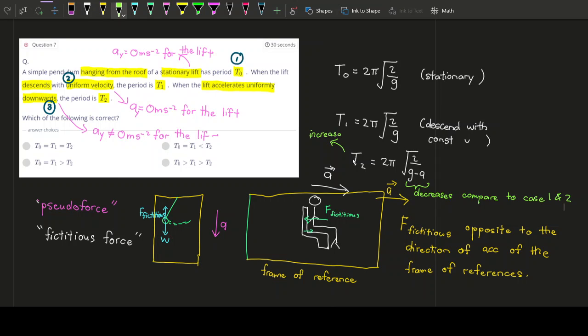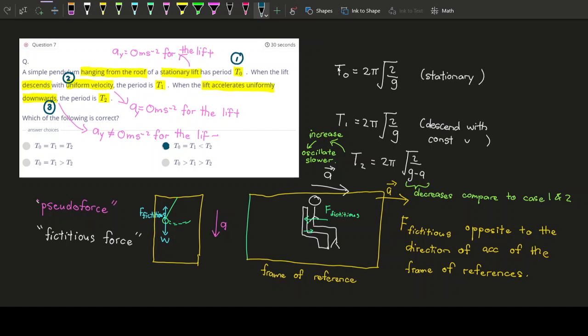An increase in period means it will oscillate slower, and it will take more time to finish one complete oscillation. So in that case, T2 will be greater than T1, and T1 will be equal to T0. And your answer will therefore be this one over here.